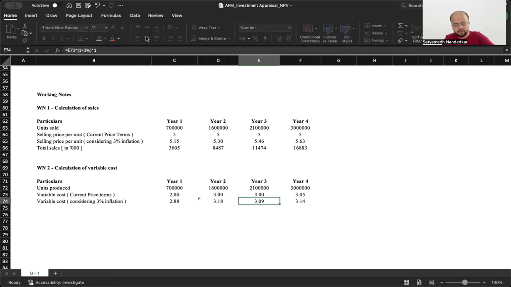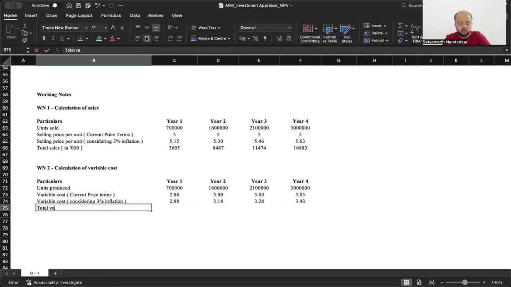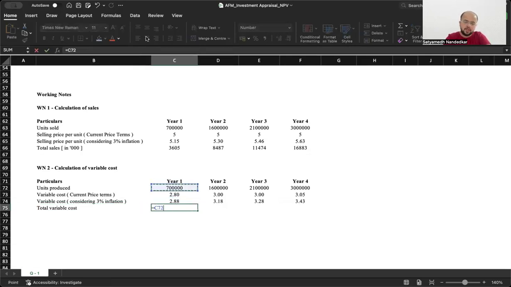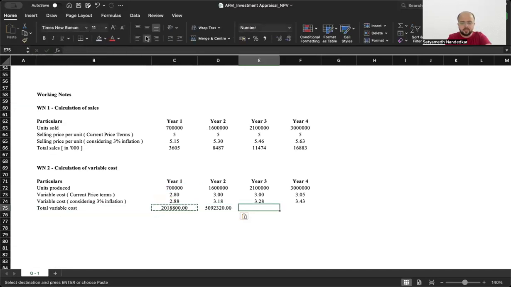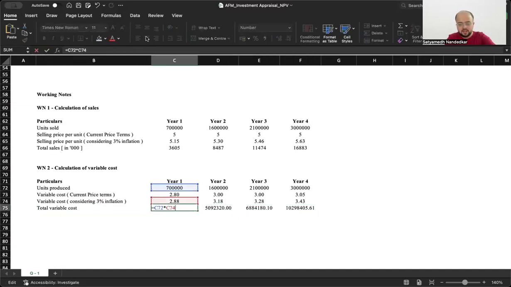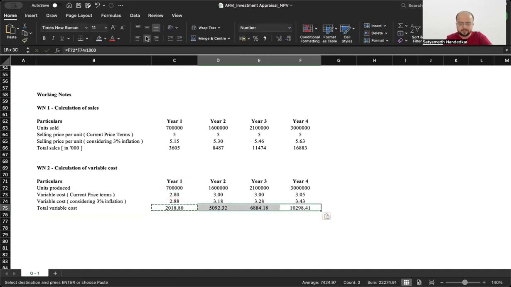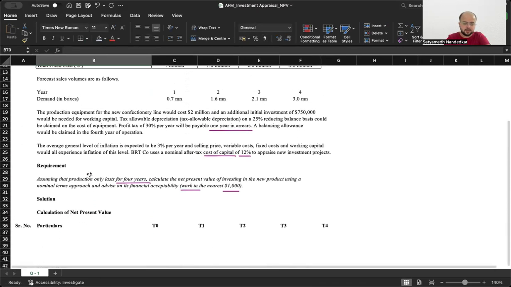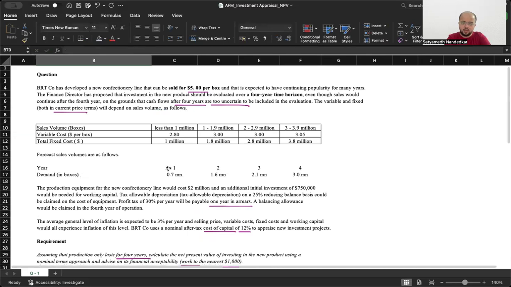Raised to 2, raised to 3, and raised to 4. So what will be my total variable cost? It will be units produced into this updated number. But I want to write this in thousands. So my variable cost in thousands is done. Variable cost you have considered.